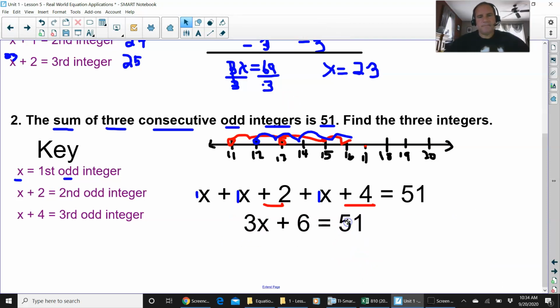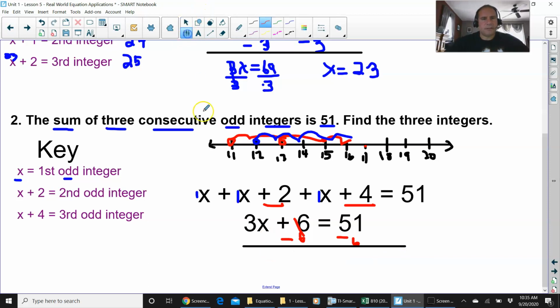Everybody with me? I hope so. All right. So obviously now you should be ahead of me on this. You subtract 6 on both sides. This cancels. We are going to put a line there just to make it a little bit easier for us to follow. 3x equals 45.